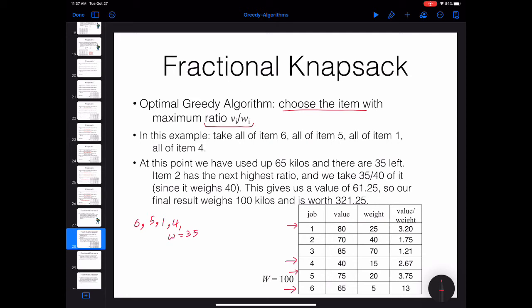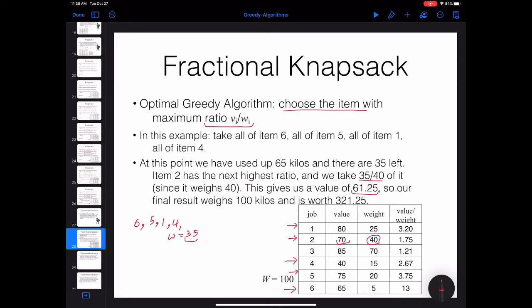I cannot take the full amount of the second object, but instead of taking all of it, I'm going to just take as much as I can. I can take 35 kilograms. From the 40 kilograms, the total object, I'm going to take 35 kilograms of that, which, if you multiply it by the value, gives you 61.25.